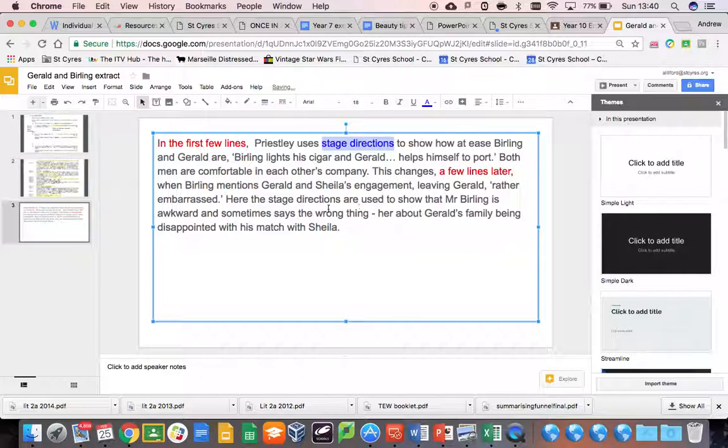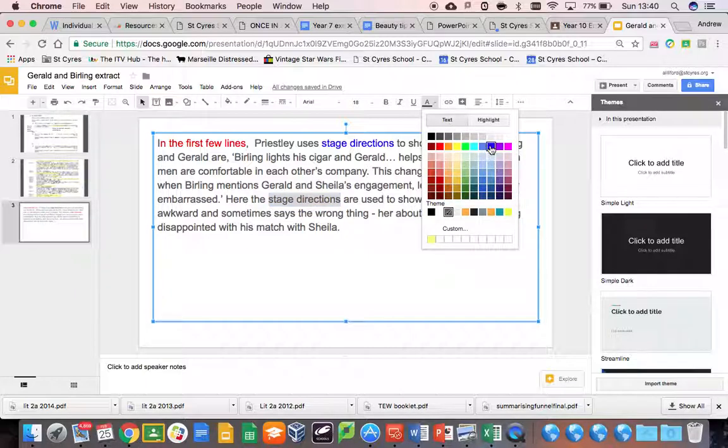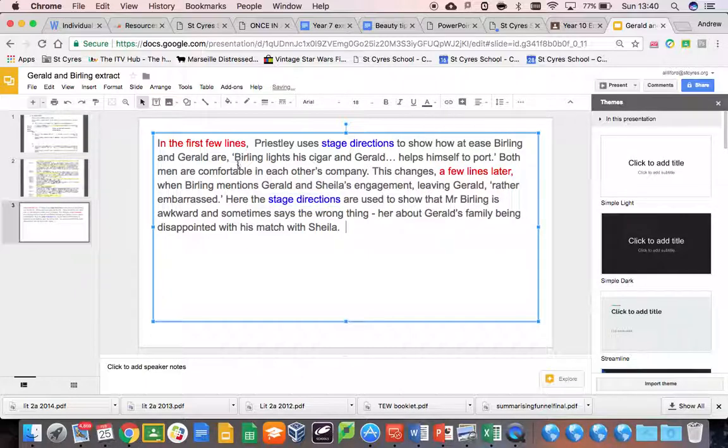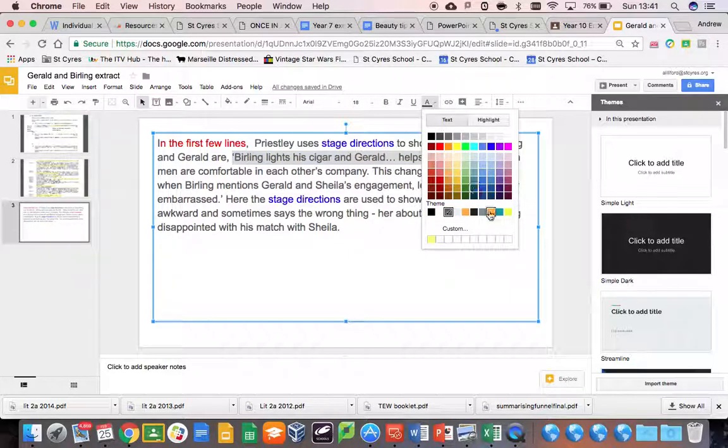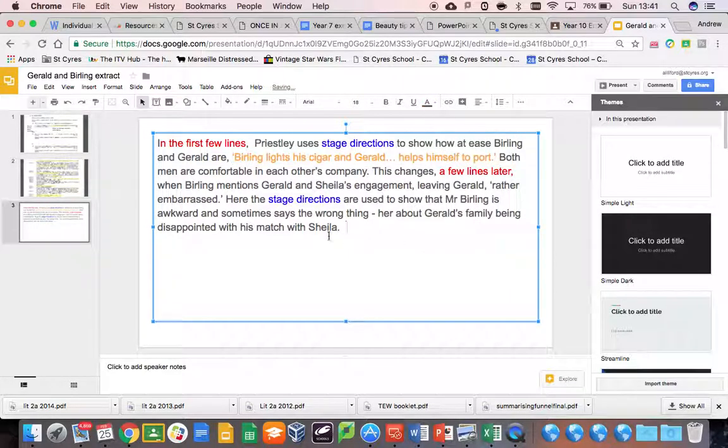So here we go, stage directions, stage directions. Those are the techniques being used. We want to embed quotations, which means make them part of the sentence. We've done that here. That shows, here we are, the quote is embedded.